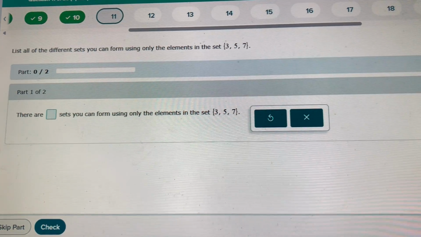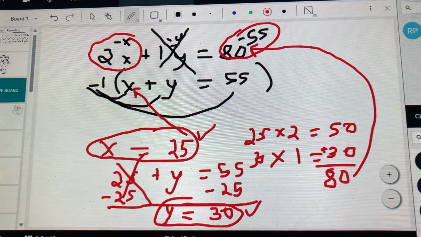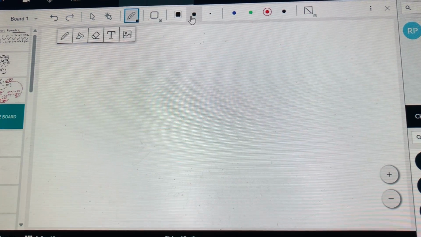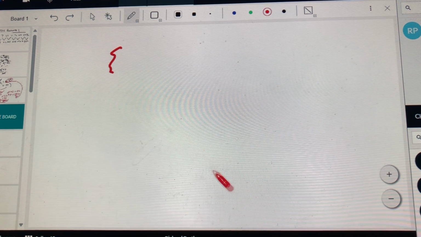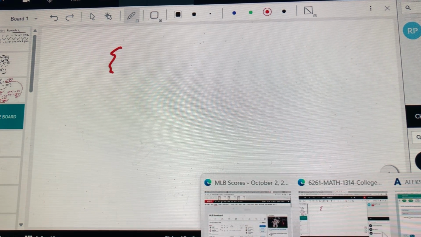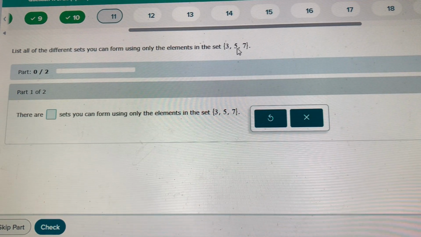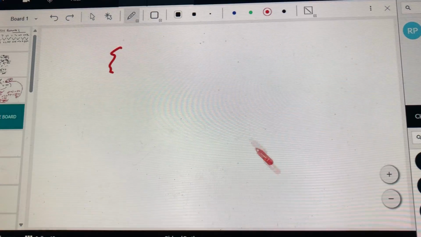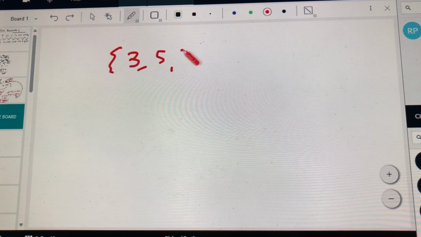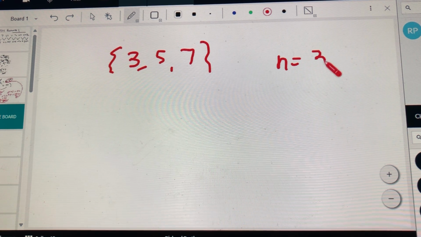Okay, remember we did this, and I told you at the time, it doesn't even matter what's inside the set. You can have 1, 2, 3, A, B, C, 3, 5, 7, sausage, pepperoni, mushroom, it doesn't matter. If there's 3 things inside of a set, that's a cardinal number or sample size of 3. The cardinal number is 3, the size of the set is 3.